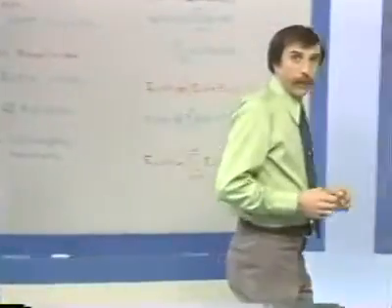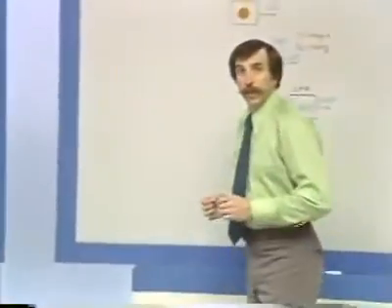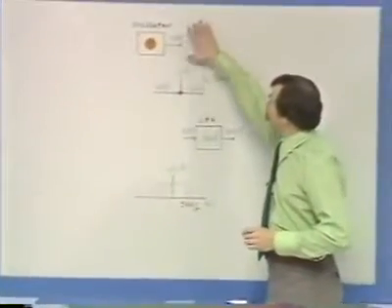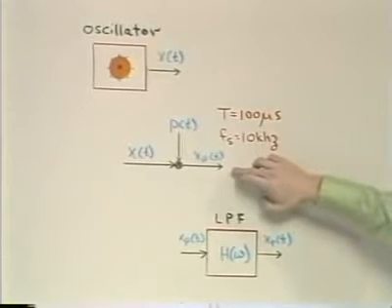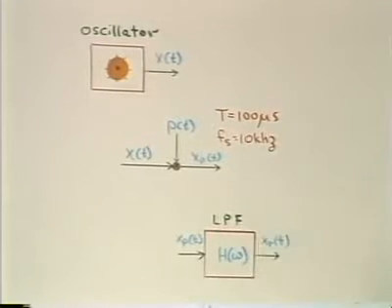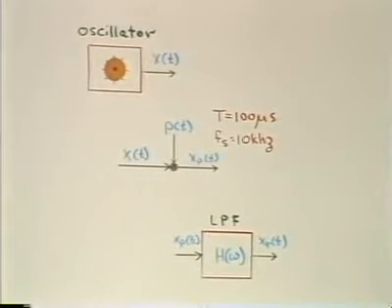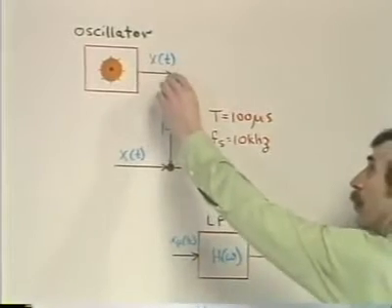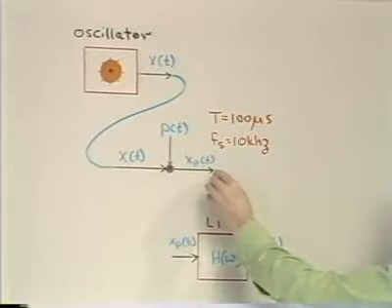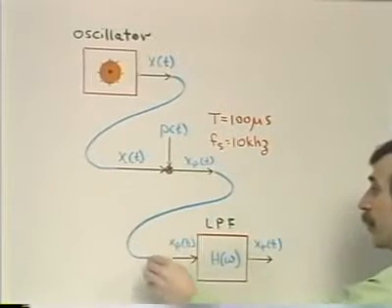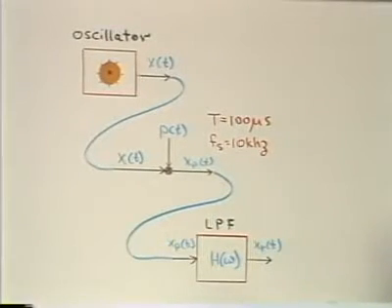Now, what we have for this demonstration is an oscillator and a sampler, and the output of the sampler goes into a low-pass filter. So the input from the oscillator goes into the sampler, and the output of the sampler goes into the low-pass filter.